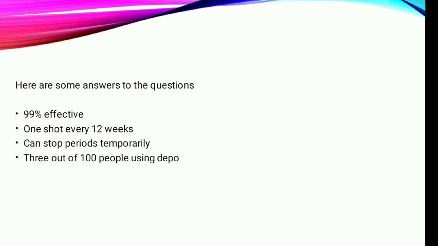The answer is here. If used correctly, the injection is more than 99% effective. It lasts for 8 or 13 weeks, depending on which you have, so you do not have to think about contraception every day or every time you have sex during this period.